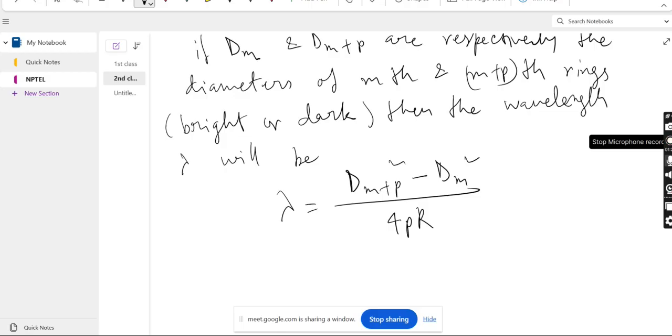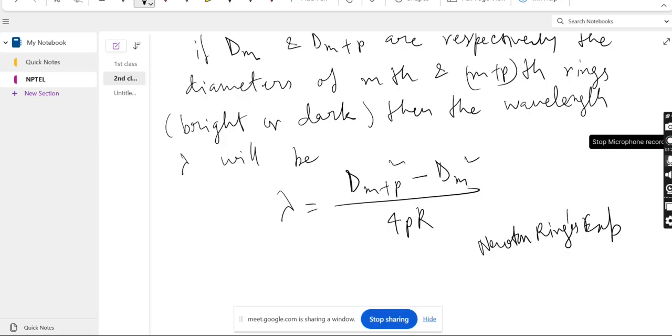So by measuring the diameters Dm and Dm plus P, we get lambda. So in the experiment, basically we will do this thing. This is called the Newton's rings experiment.